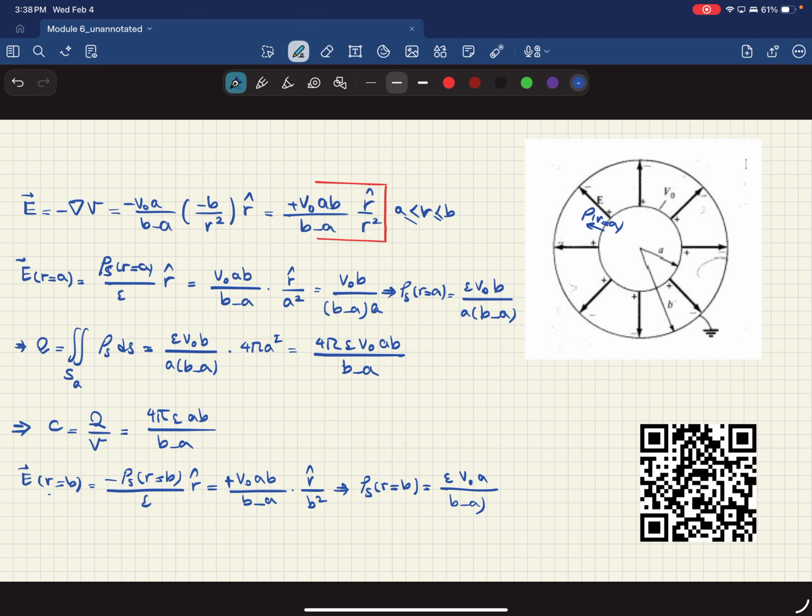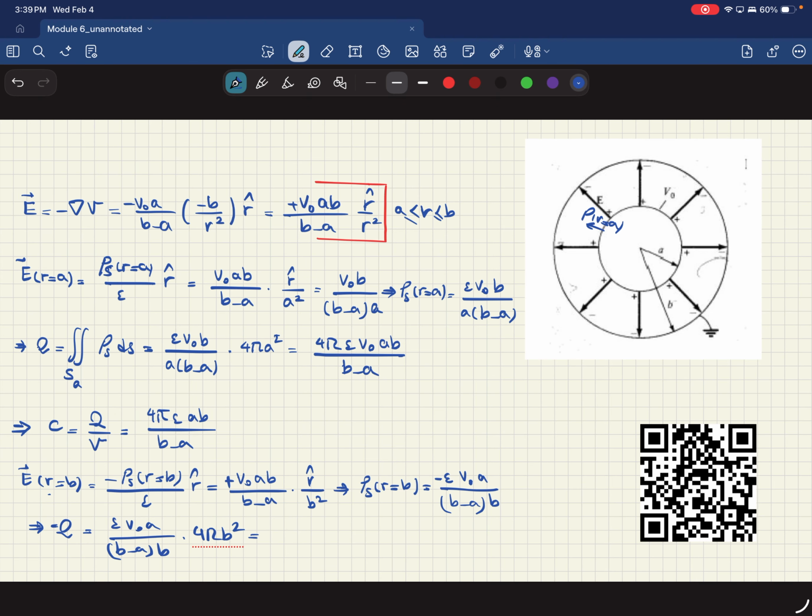B minus A multiplied by B. Right? And then we do Q at B, and here is a minus, so we would find minus Q when epsilon V naught A over B minus A is multiplied by 4 pi B squared.